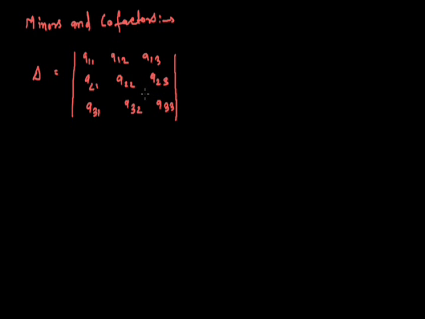Now, first of all, we are talking about the minors. Now, if I want to find out the minor along this element of the determinant, for this, leave this row and this column.